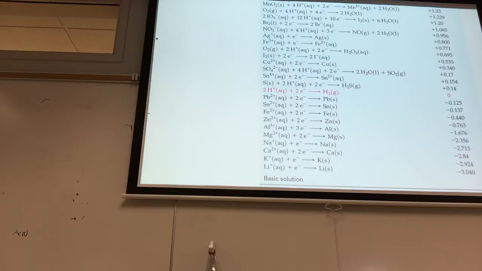I didn't put that much. So basically, this is a mid-range oxidizer, mid-range reducer.